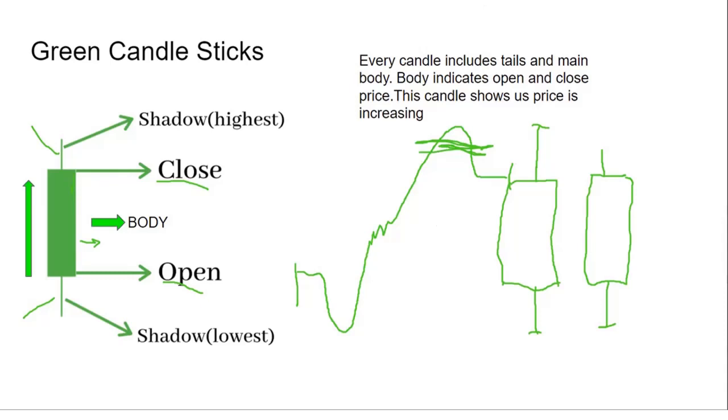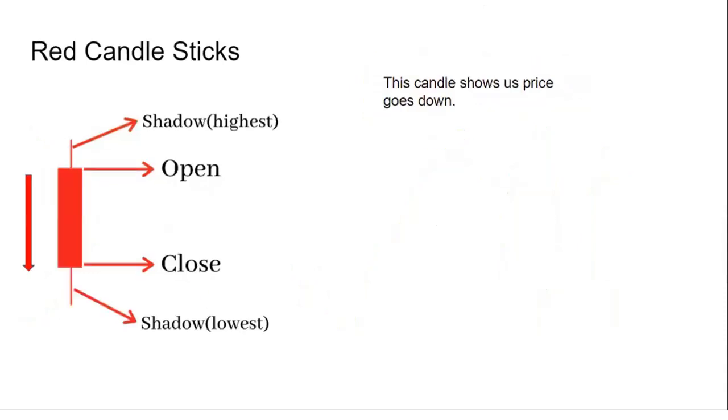And let's go over red candlesticks. A red candle shows the price goes down. As you can see, guys, it's the same logic. The shadow shows the lowest price here, the highest price is here, and open and close are here. Here is also the body.